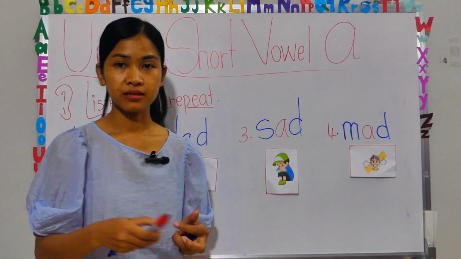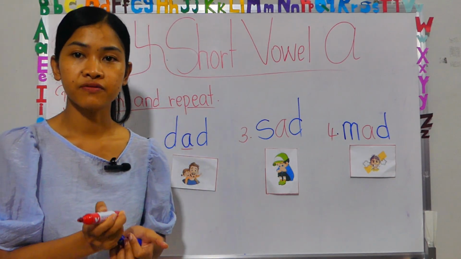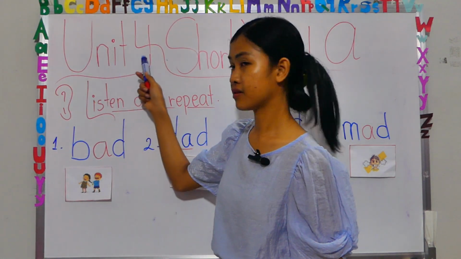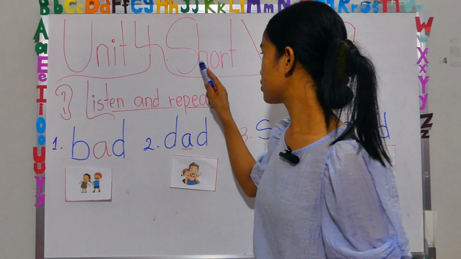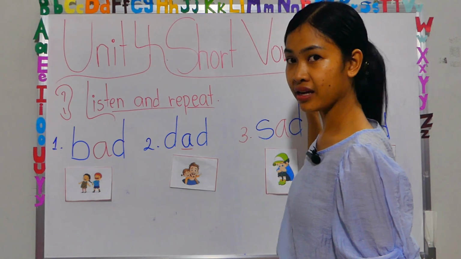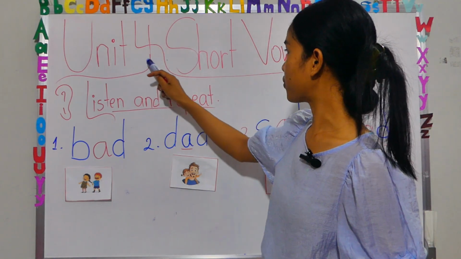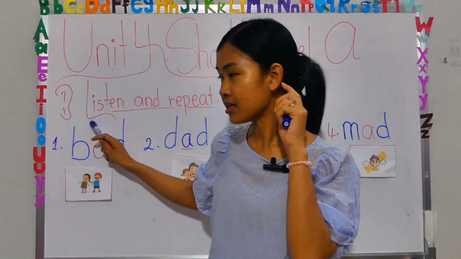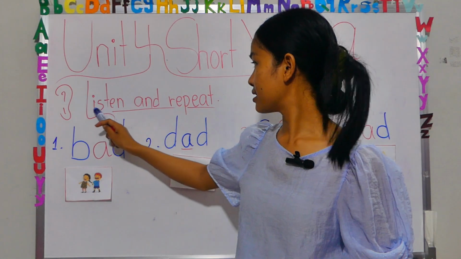Okay, that's all. Let's read with me. Let's start. Unit 4, short vowel A. Listen and repeat.